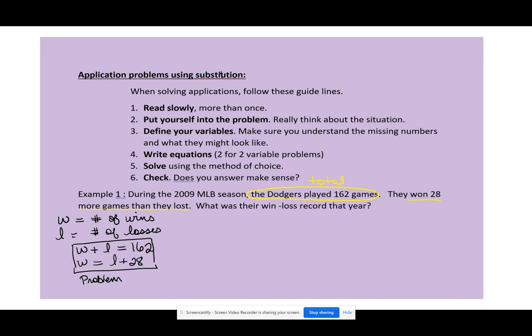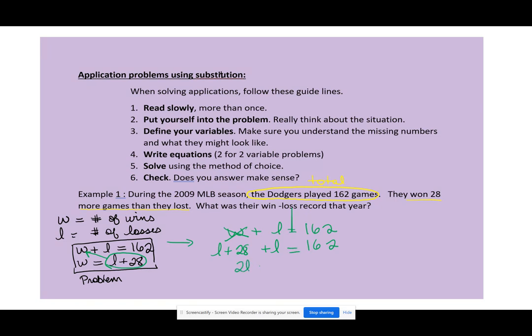Remember, in substitution we were looking for an x equals or a y equals. In this case, we've got a W equals, and I'm going to substitute it into the other equation. It's going to look like W plus L equals 162. I'm going to take out the W, and in its spot put L plus 28, so L plus 28 plus L equals 162.